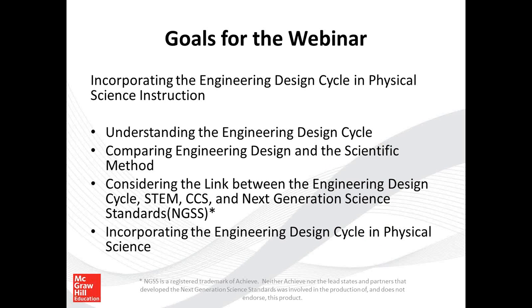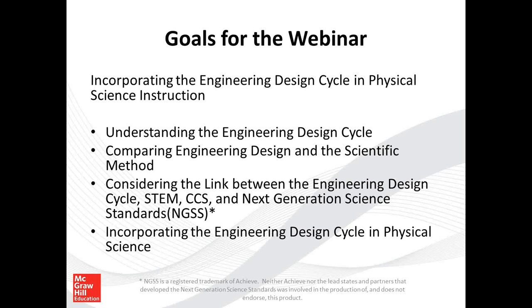We have some goals for our webinar, and since the main focus of this presentation is learning how to incorporate the engineering design cycle into physical science instruction, the goals that we're going to look at consist of understanding the engineering design cycle, comparing engineering design and the scientific method.